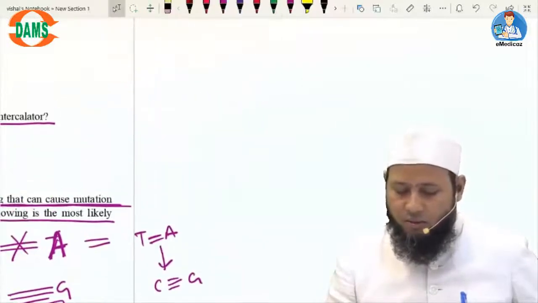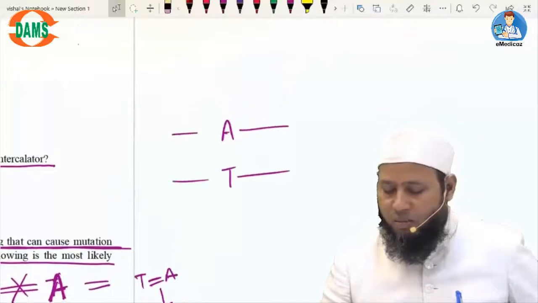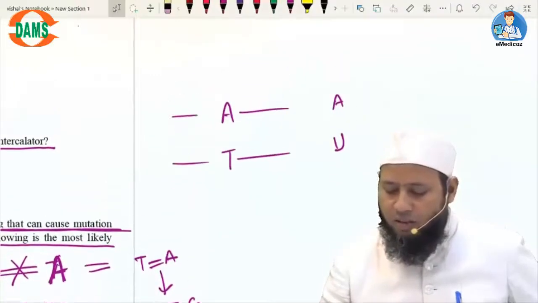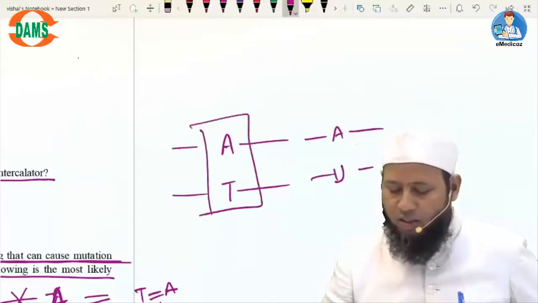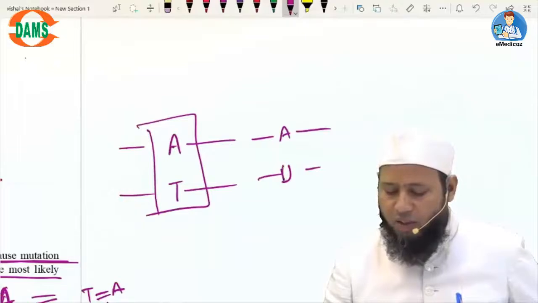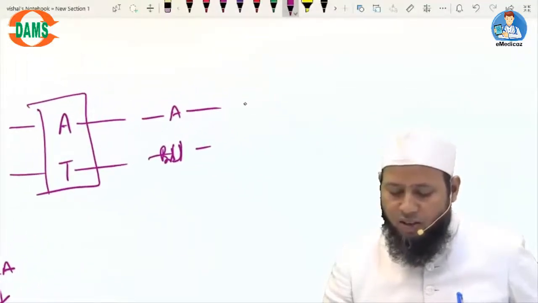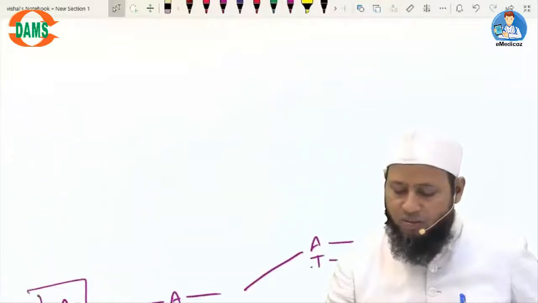Sorry. It was supposed to be T in a DNA originally, but it becomes something like AU, BrdU, during DNA replication. So this was the original AT, it became A-BrdU, and then this A gives AT in one replication.